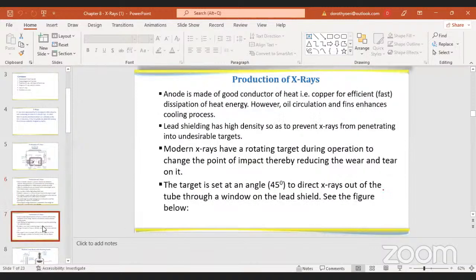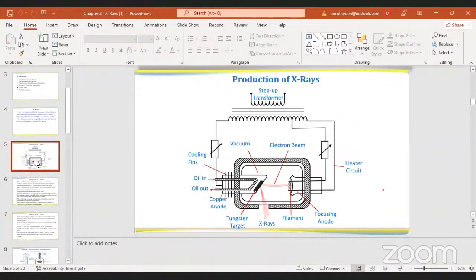Now, the next part, so production of X-rays still. Anode is made up of a good conductor of heat. Let me take you back again to the diagram. If you look at that diagram, the side of the anode, we're having copper, we're having oil in and out, and we have the cooling fins.